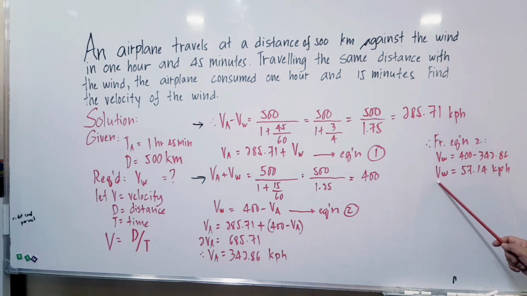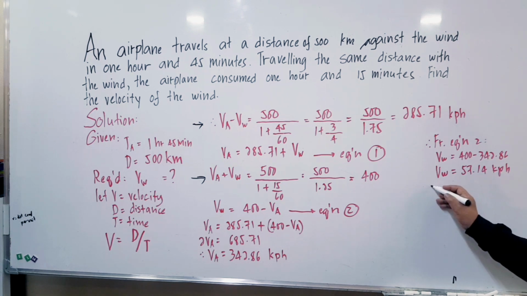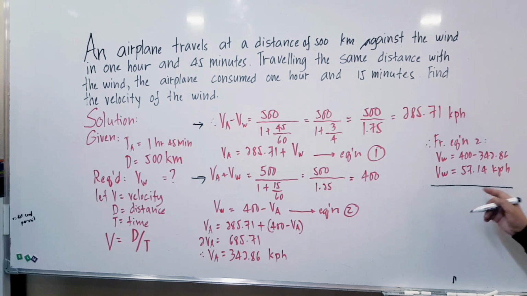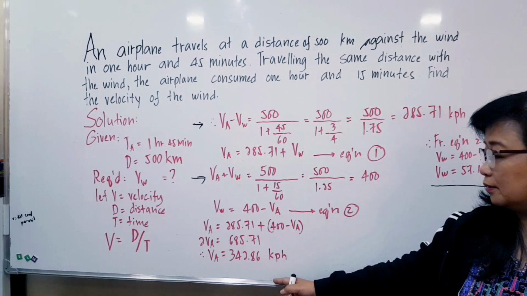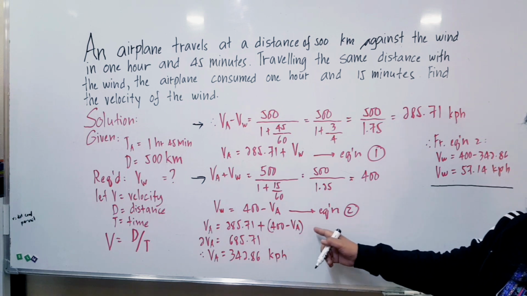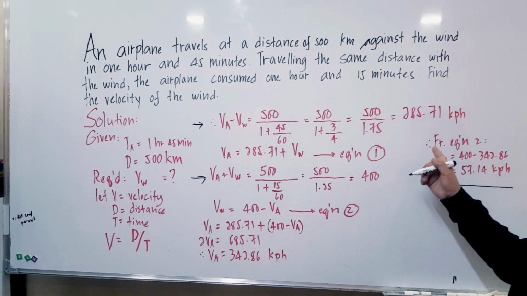Velocity of wind, therefore, is equal to 400 minus 342.86 equal to 57.14 km per hour. Ito yung hinahanap natin, ang velocity of wind. Kaya lang natin sinusolve muna ang velocity of airplane kasi kailangan natin para to solve the velocity of wind.